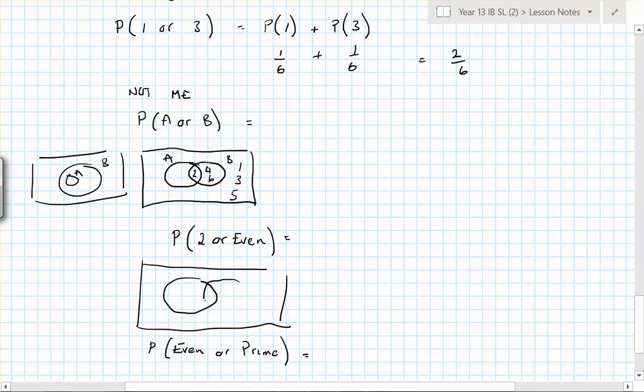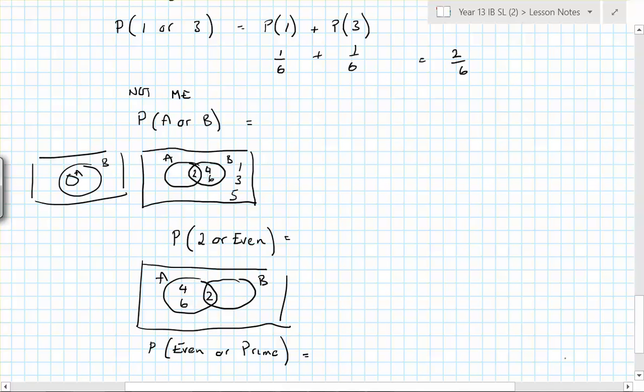So even numbers being A, prime numbers being B. The even numbers are 2, 4, 6 on a dice. B being prime numbers, 4 and 6 are not prime. What would also be in B?